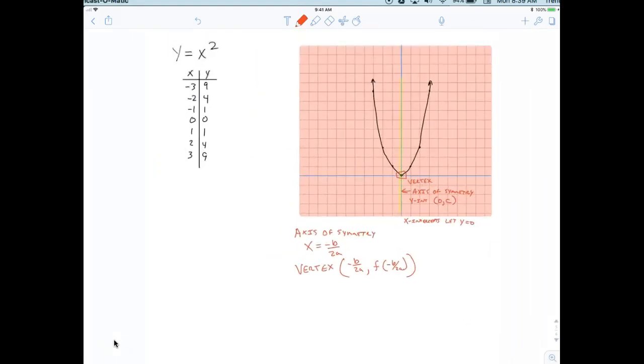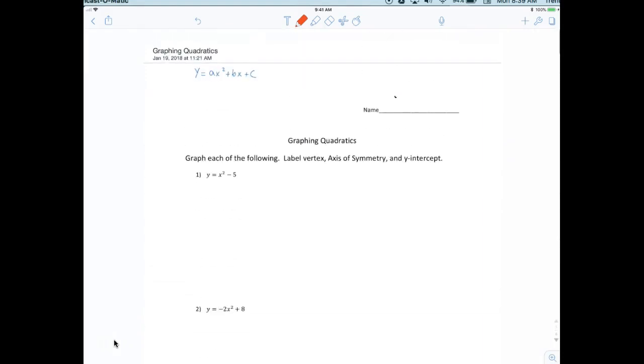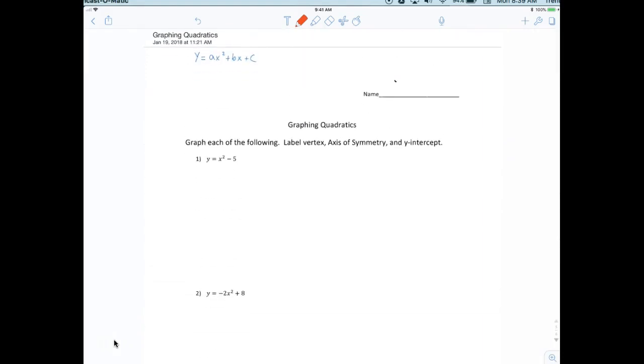So with that, I want to go back up here to question number 1. It says we're going to graph each of the following. We're going to find the vertex, the axis of symmetry, and the y-intercept. That's what we're going to do right now.